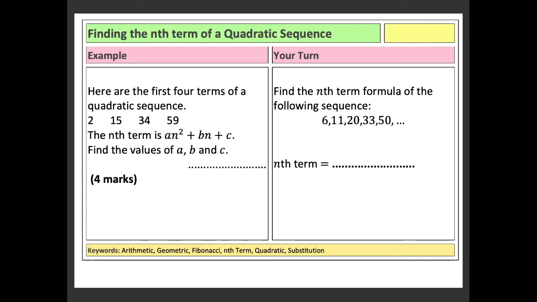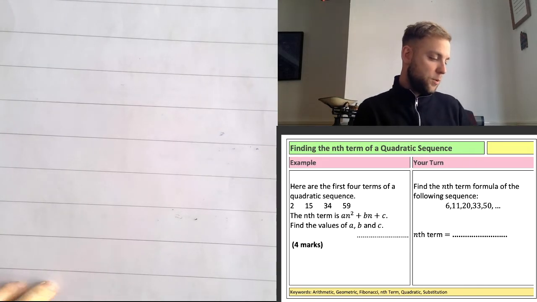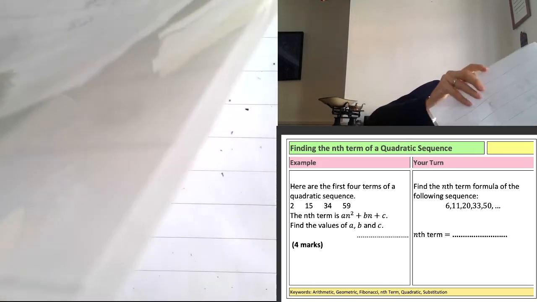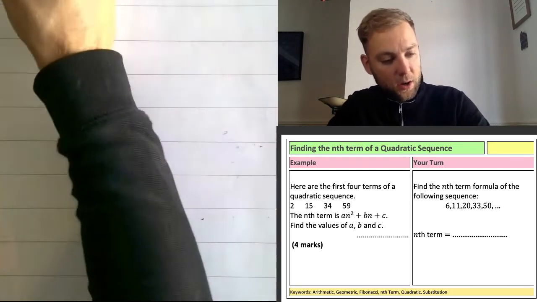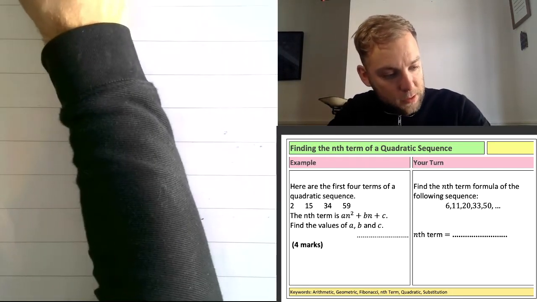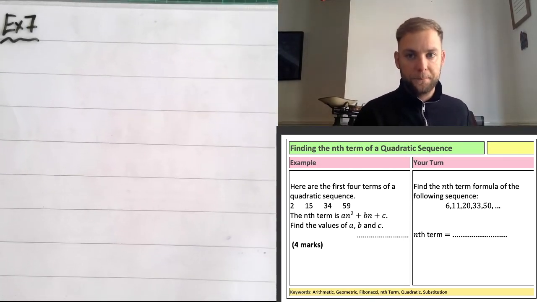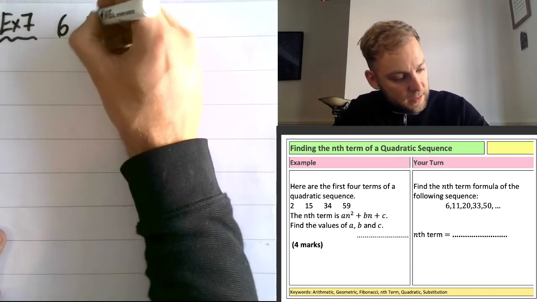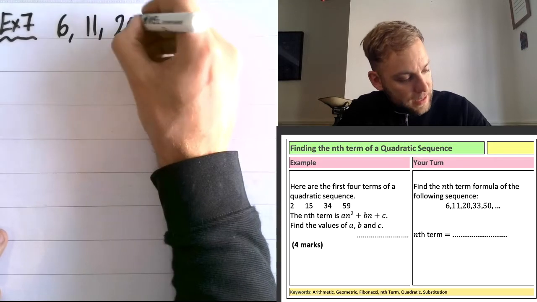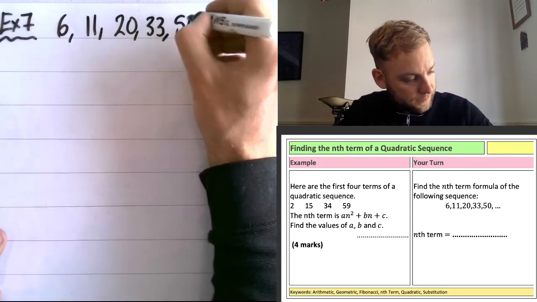Okay, let's go through it together then. So this one here is example, what example am I on? Example 7. I always forget what example I'm on. So, example 7. Super. So my sequence is 6, 11, 20, 33, and 50.